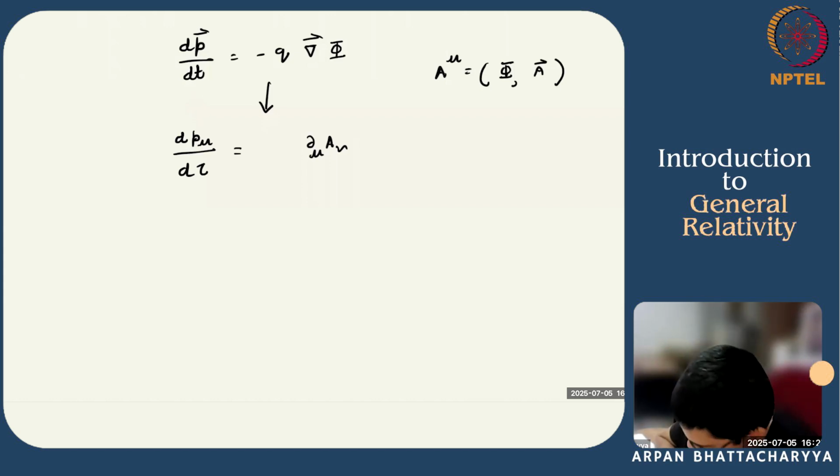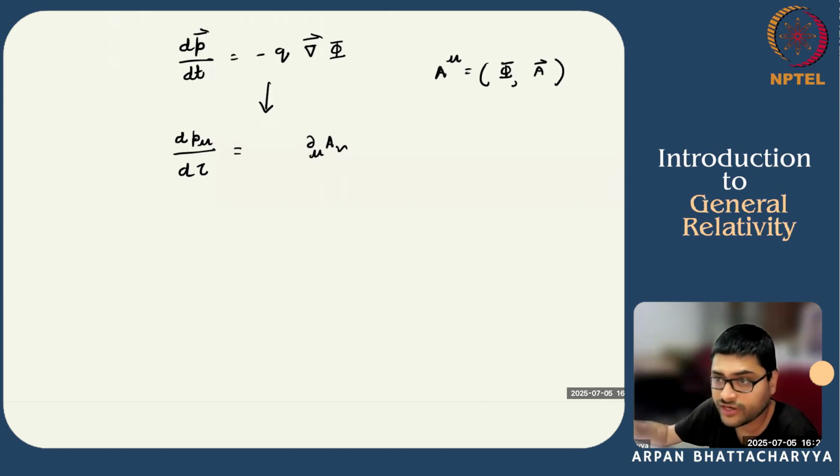But remember that here the free index on p should match the free index on this del. So the index nu on the gauge field should be contracted, because we should have the same free index on both sides of the equation. Otherwise, they will not transform in the same way.